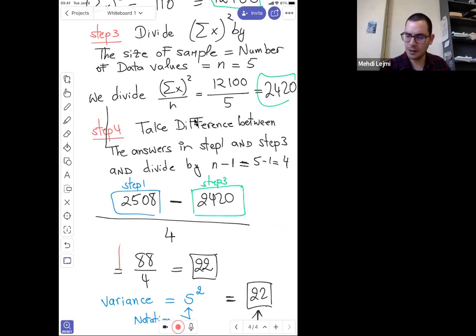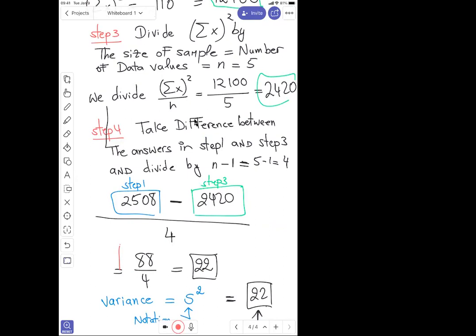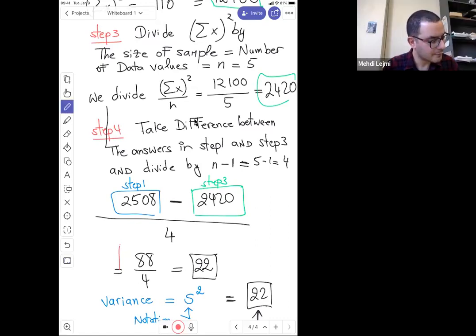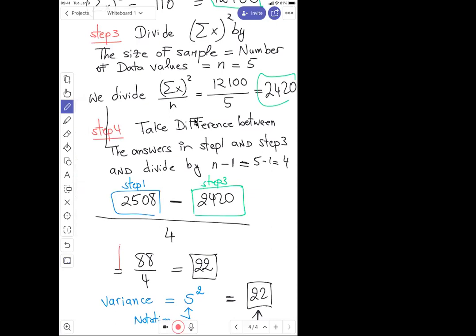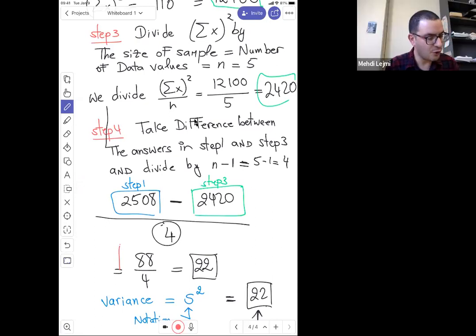All right. So let's do an exercise or example here. Professor, let me ask you a question real quick. I was good with everything until we got to step 4. I know we did step 1 and step 3 minus, and then now we're dividing by 4? Divide by 4 because you always subtract 1 from the size of the sample.